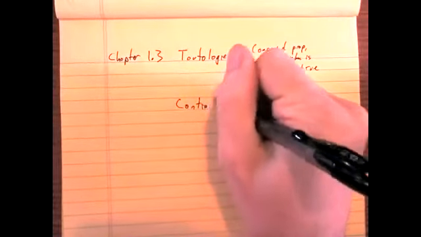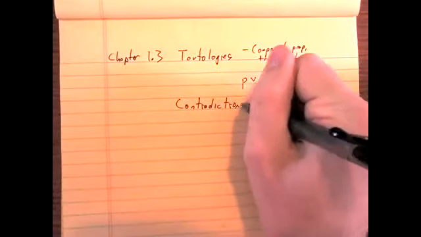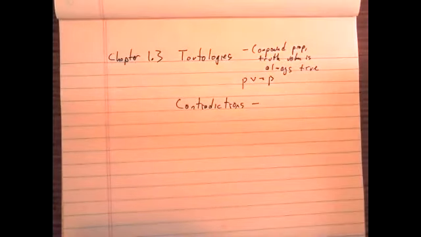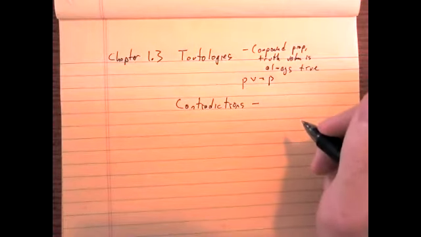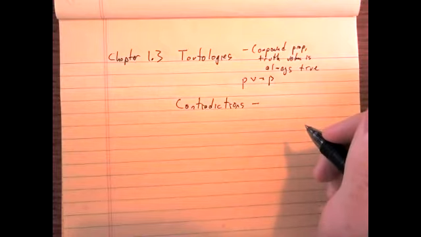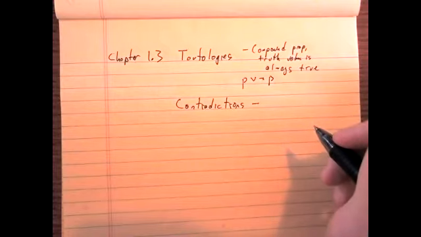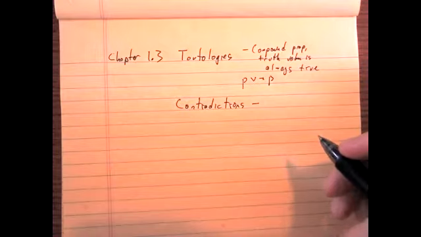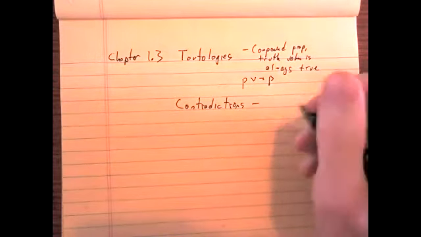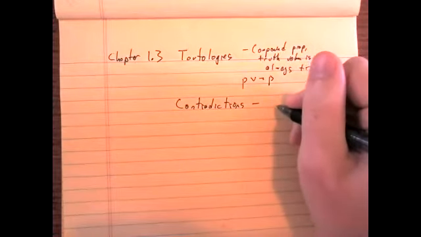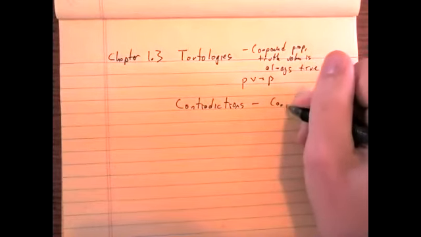We also discussed contradictions. Contradictions are very similar. What's the definition of a contradiction? A proposition and its negation, so it's always false. Yes, exactly. So it'll be a compound proposition which is always false, and we build them in a similar way.